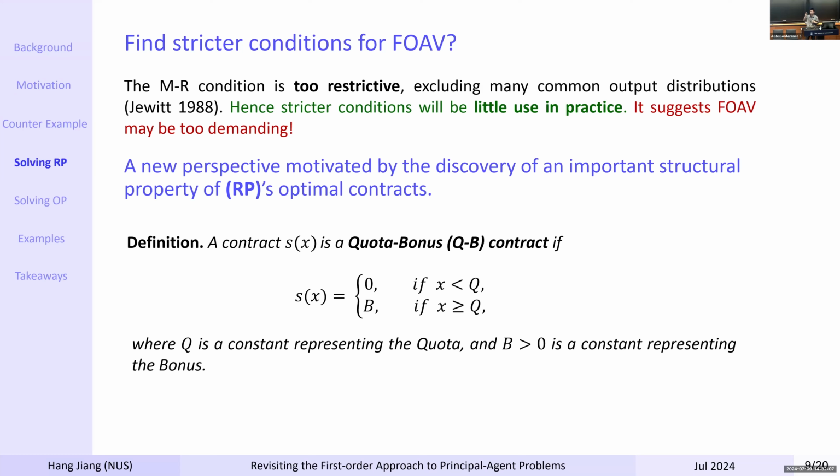We find this simple contract is called the quota-bonus contract, and it's actually a one-jump step function. So if the outcome exceeds a quota, then the agent will receive a bonus B, a constant. And this contract is also, I think, very popular in the marketing sector.